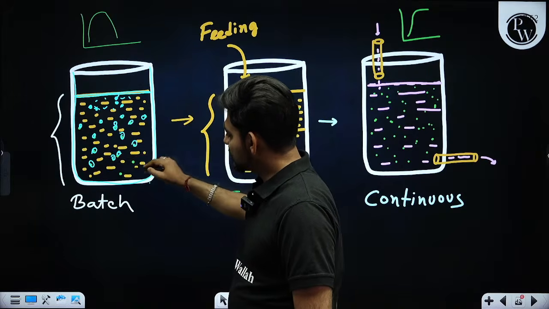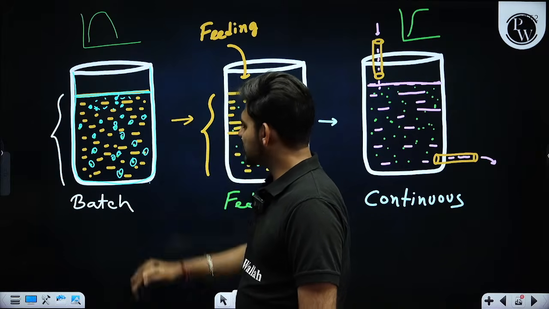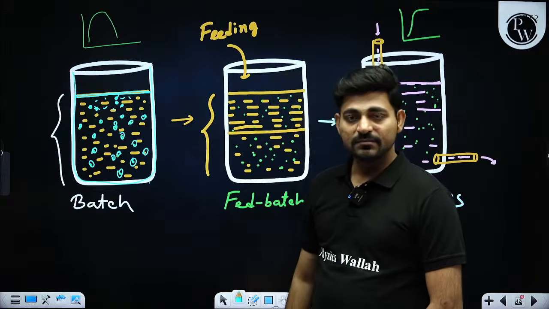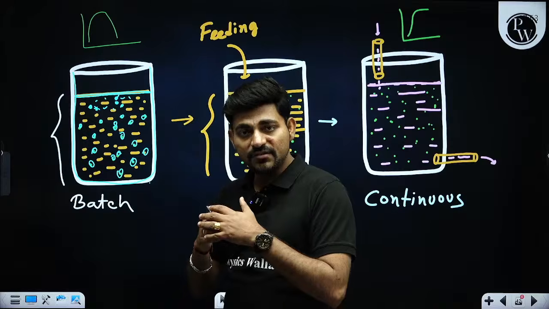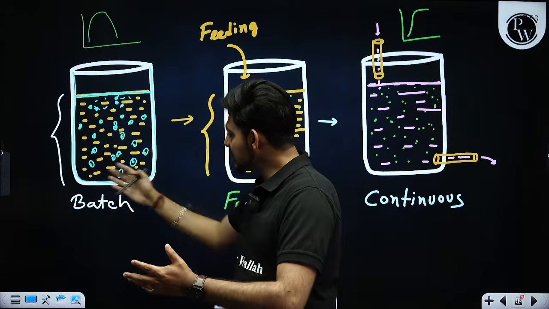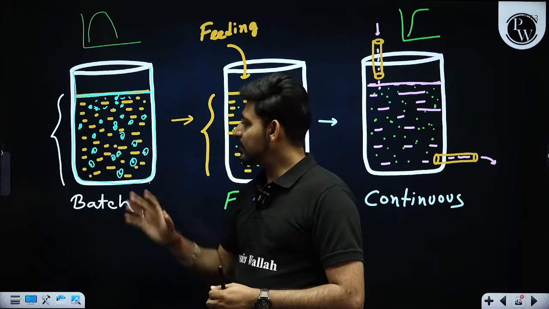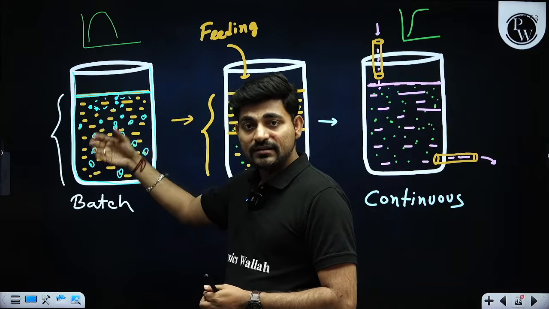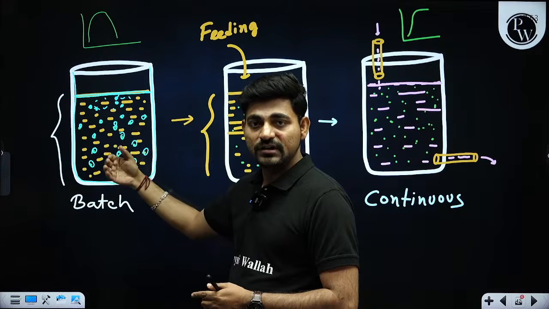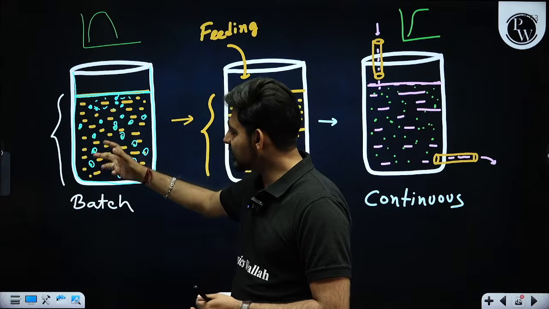But the limit of this batch culture is very much limited, because after a certain point of time the number of cells is increasing inside this medium, and the resources, the nutrients, are lacking gradually. They are exploiting the nutrients.